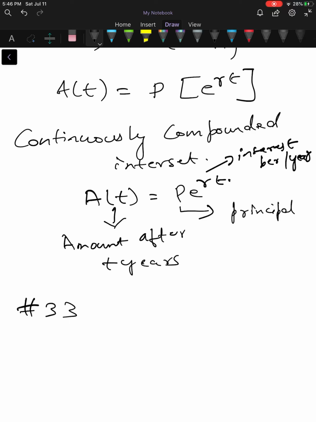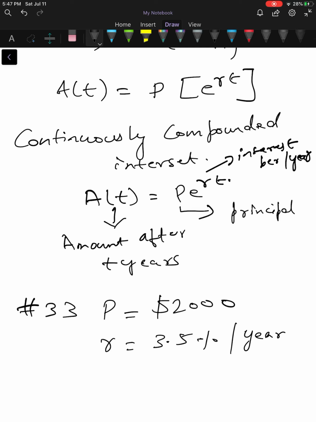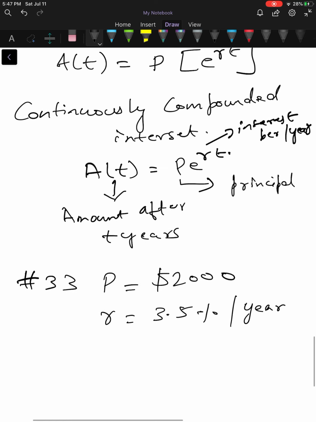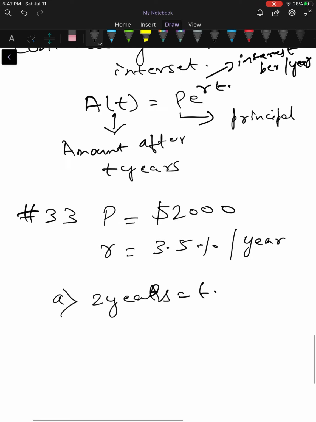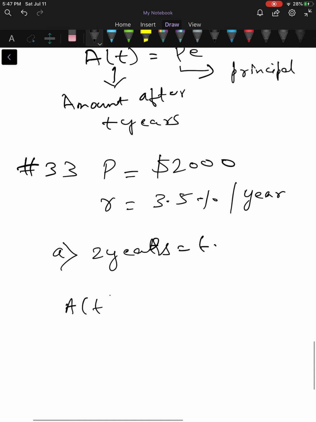If the principal amount P is $2,000 and is invested at an interest rate of 3.5% per year, compounded continuously, find the value of the investment after the given number of years. So find it after 2 years.